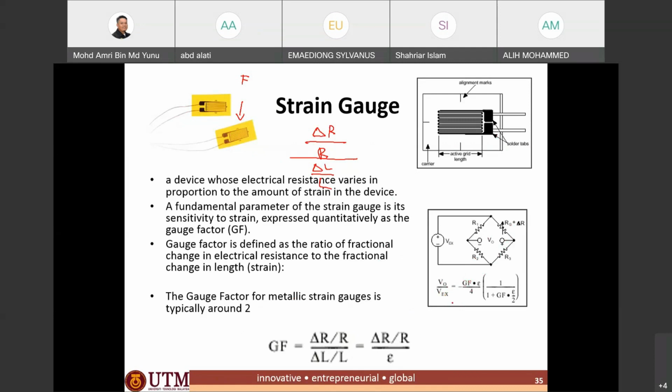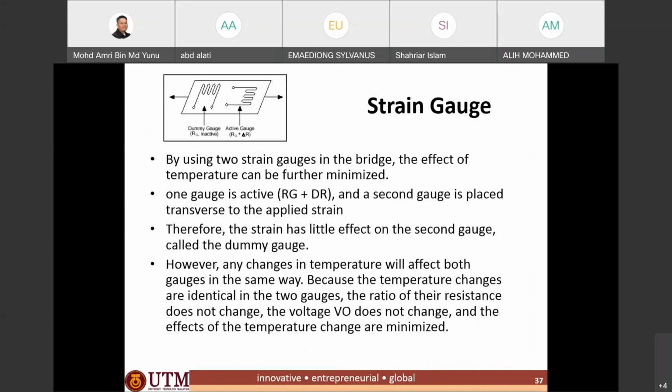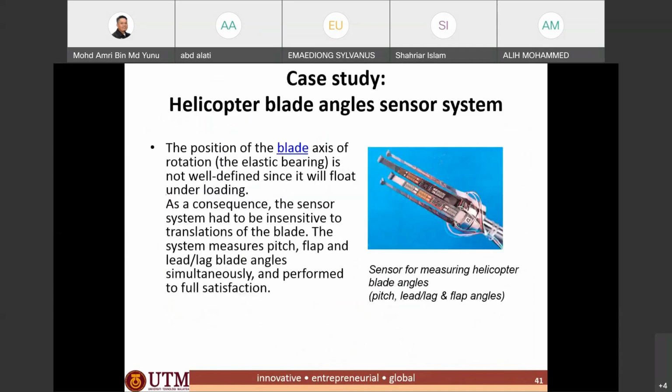The strain is the deformation of the construction when it is subjected to force, especially from a heavy object. Some applications include detecting the helicopter blade angle, with the sensor placed to check the condition. That's a strain sensor.